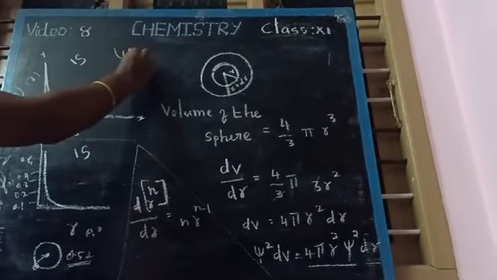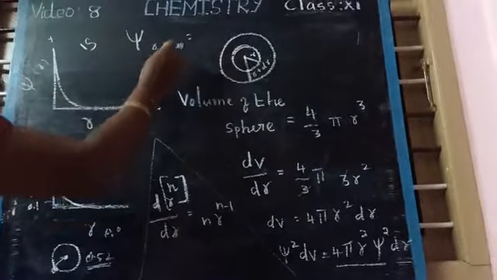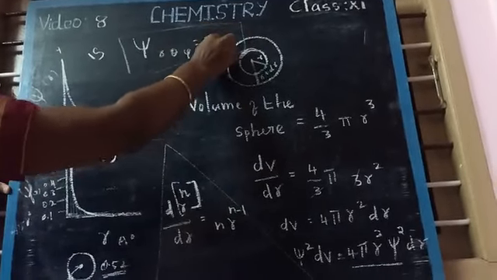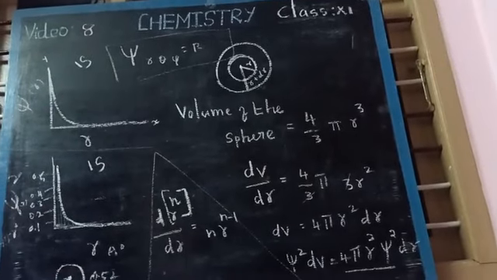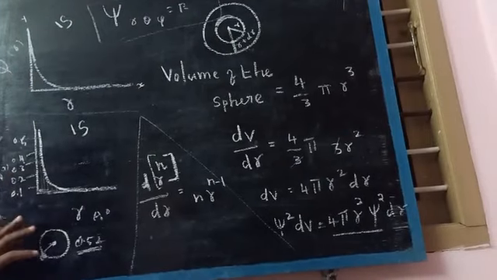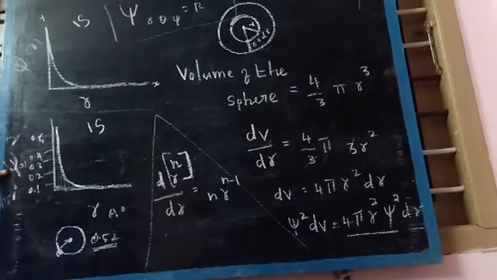The formula is ψ(r, θ, φ) equals R times F times G. Next, there are two graphs: one is amplitude and another is probability.